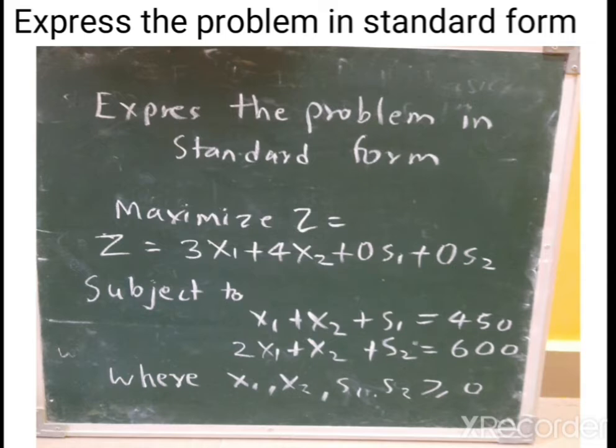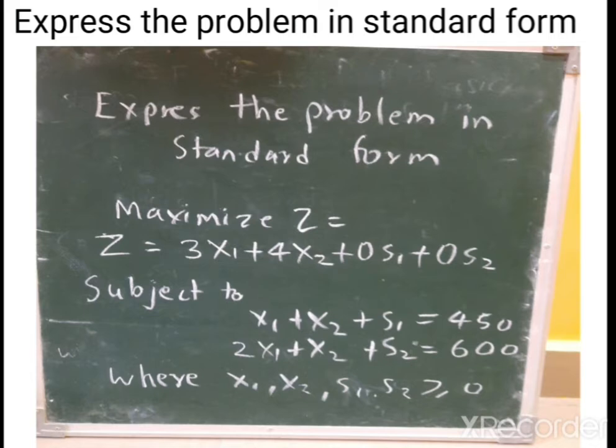After substituting x1 and x2 as 0, you will get s1 equal to 450 and s2 equal to 600. This is called the initial basic feasible solution. Note that z equals 0 for this solution, and the variables s1, s2 are called basic variables and they form the basis.